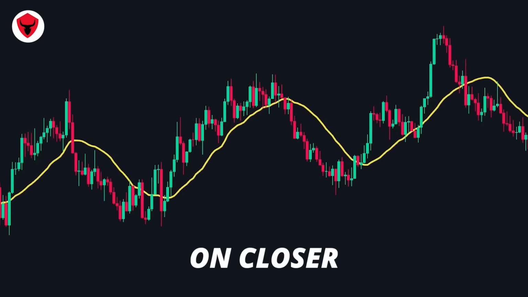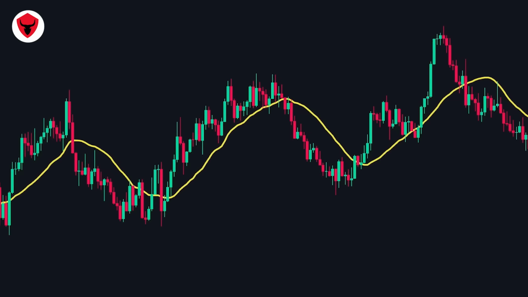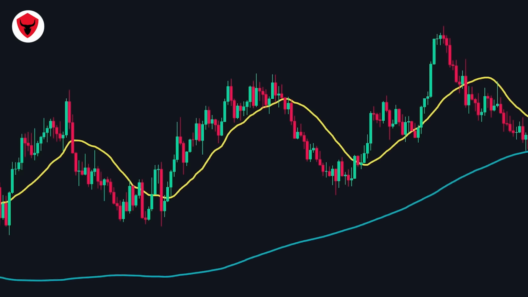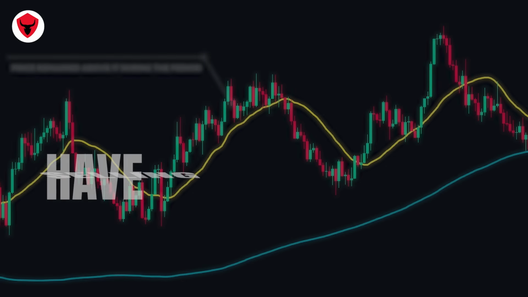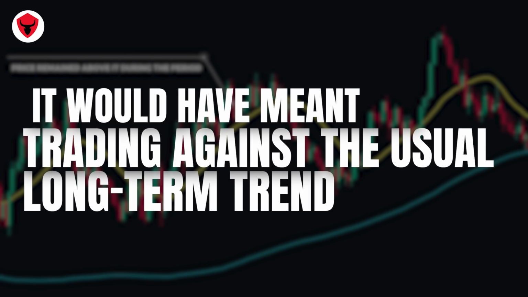However, on closer investigation, we see that there were few substantial price fluctuations during the downtrends. If we reintroduce the 200-period MA, we can see that the price remained above it during the period. This shows that a long-term uptrend was in effect. With this new knowledge, it is evident that selling during this time period would have been dangerous because it would have meant trading against the usual long-term trend.